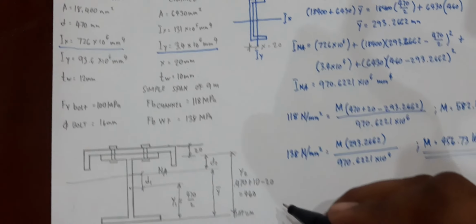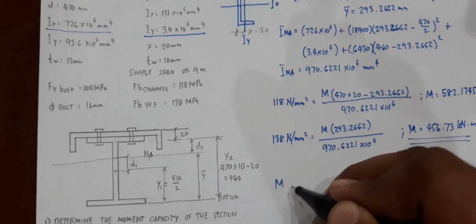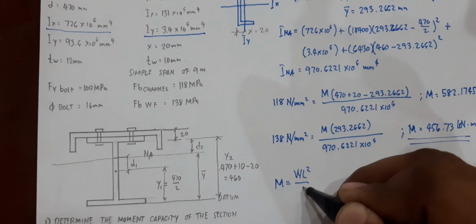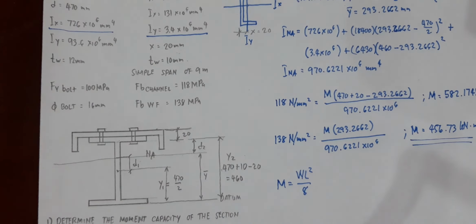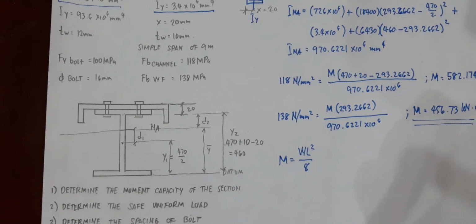Okay? So, a simple span of 9 meters, determine the safe uniform load. Since you have now your moment, and it is simply supported, then moment M is equivalent to WL square over 8, from the derived formulas from strength of materials or theory of structures.